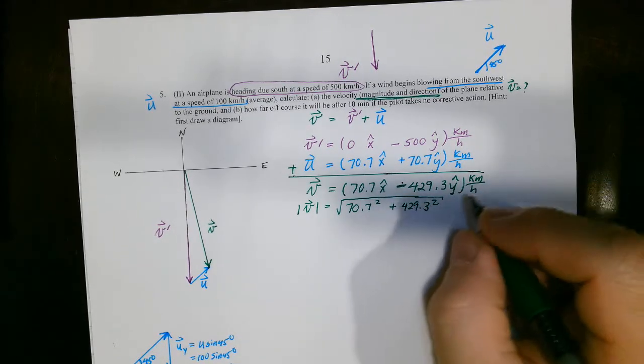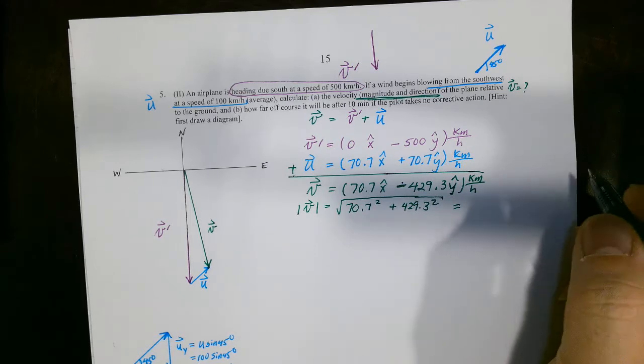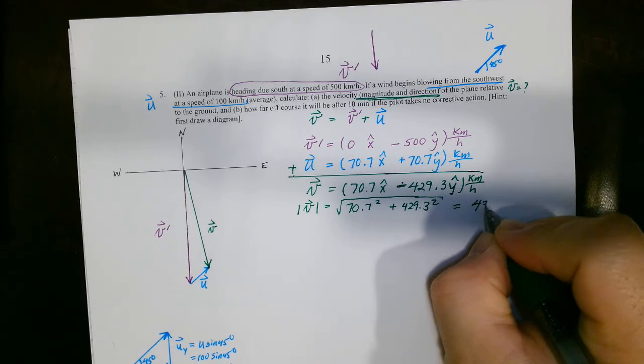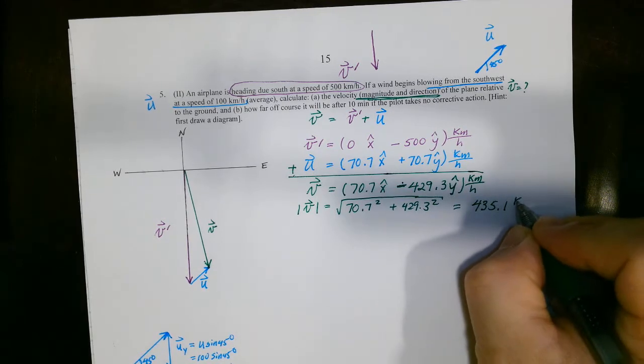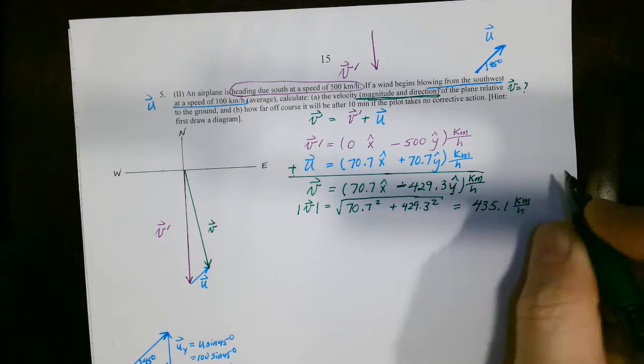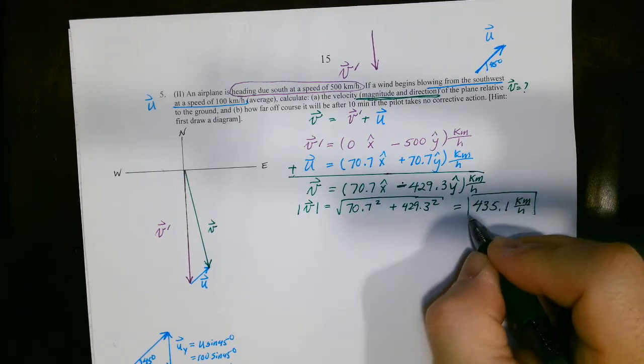So if you work that out in your calculator, I think you'll get something like 435.1 kilometers per hour. All right, so that's the magnitude, obviously.